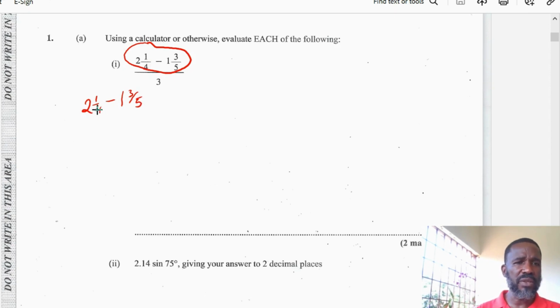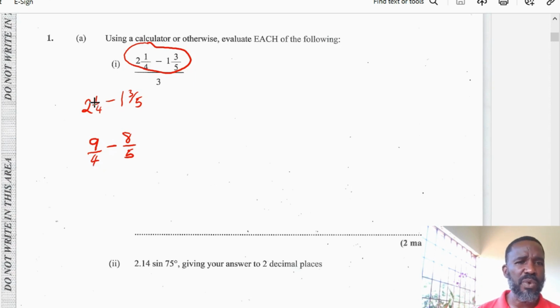How do we go about doing that? We multiply the whole number by the denominator of each fraction and add that number to the numerator. So 4 twos are 8, plus 1 gives 9/4, minus 5 ones are 5, plus 3 gives 8/5. So here we have 9/4 minus 8/5.